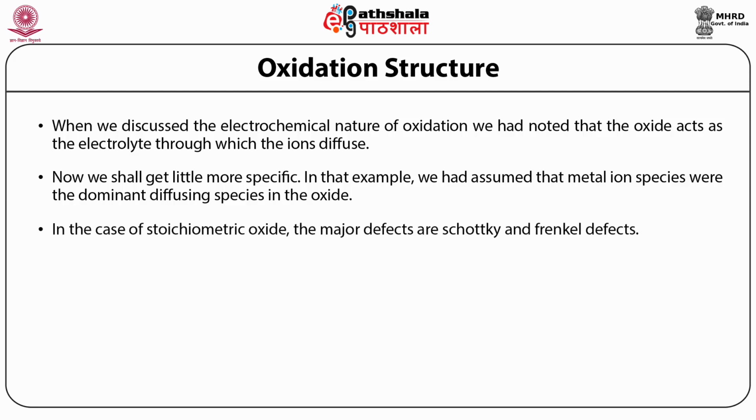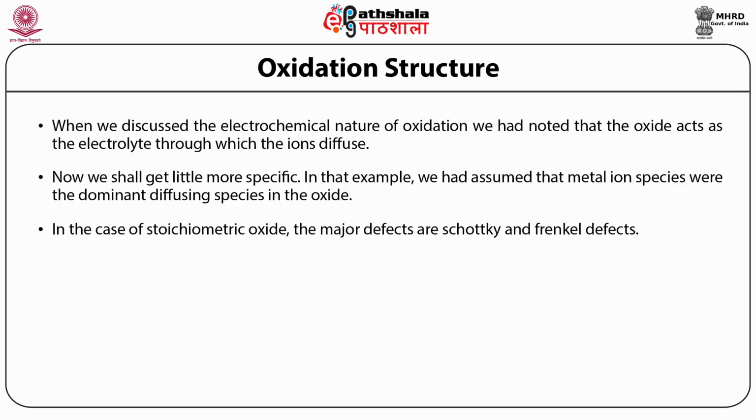In that example, we had assumed that the metal ion species were the dominating diffusing species in this oxide. So now let us consider the case of stoichiometric oxide, where the major defects are Schottky and Frenkel defects.